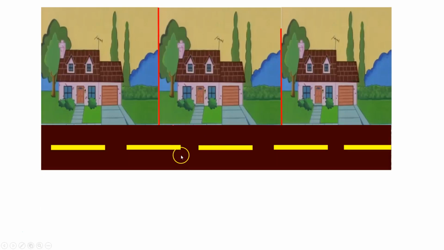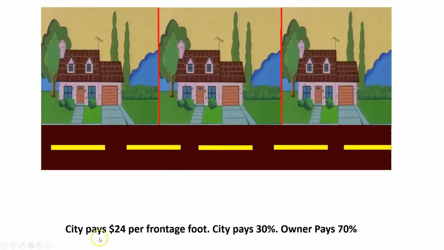They say it's going to cost $24 per frontage foot to build this road, and they will pay 30%, therefore they expect you to pay 70%. So let's work out how much the road in front of me is going to cost. Obviously 100 feet times 24 is going to be $2,400, but then I have to pay 70%, which is $1,680.